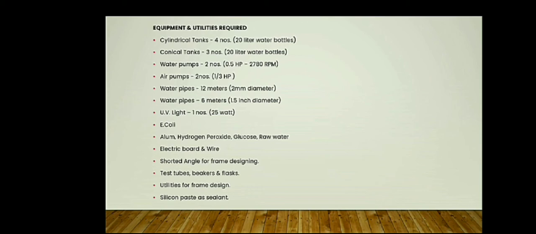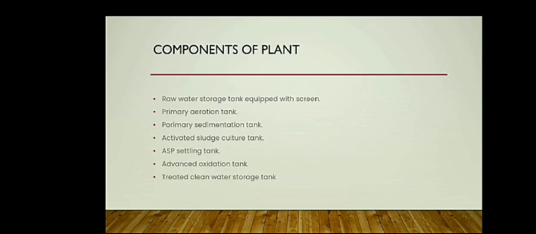The first is a cylindrical tank, 4 numbers, 20-liter water bottles, conical tanks 3 numbers, 20-liter water bottles, water pumps 2 numbers, having capacity of 0.5 HP up to 2780 rpm, air pumps 2 numbers, water pipes 12 meters of 2 mm diameter, water pipes of 6 meters of 1.5 inch diameter, ultraviolet light, 1 number with 25 watt power, E. coli bacteria, alum, hydrogen peroxide, glucose, and raw water, electric bolt and wire, sorted angle for frame designing, test tubes, beakers, and flasks, utilities for frame design, silicon paste as sealant, raw water storage tank equipped with screen.